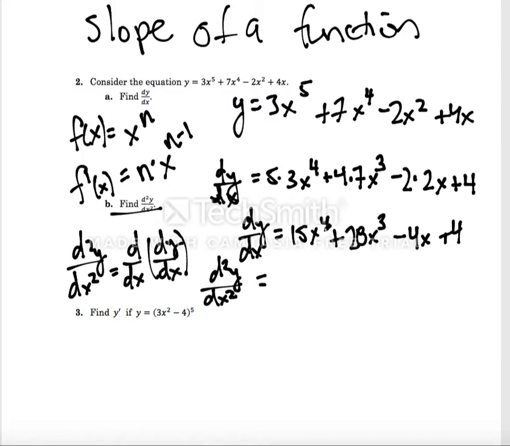I would take the 4, multiply by the 15, and I get 60x now raised to the 3rd. 3 times 28, which is 84. Now reduce that by 1, squared, minus 4. And so this is my second derivative.